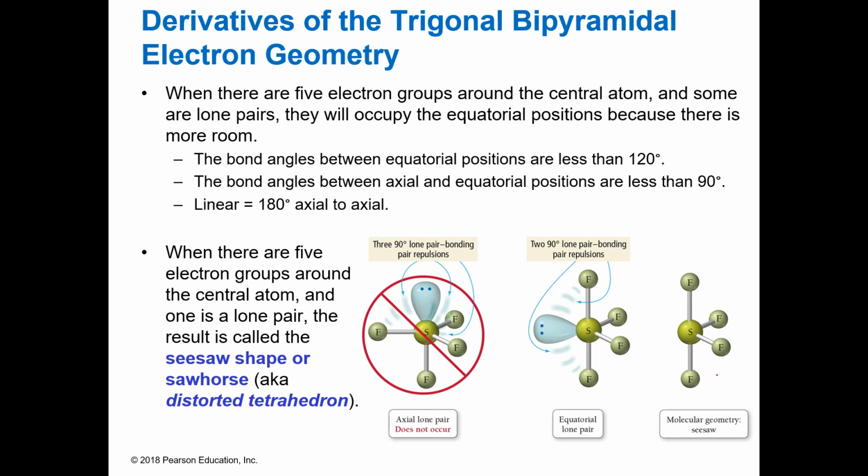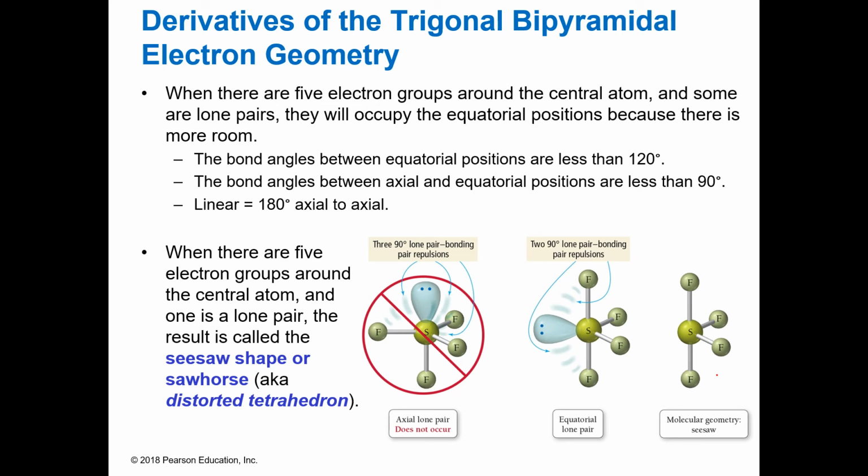All right, the same thing is true when we look at derivatives of our electron domain geometries for 5 groups and 6 groups. If I have a lone pair, it's going to affect the bond angles.